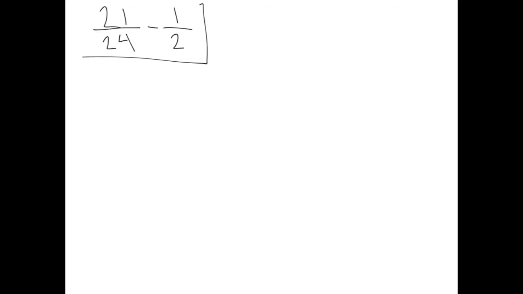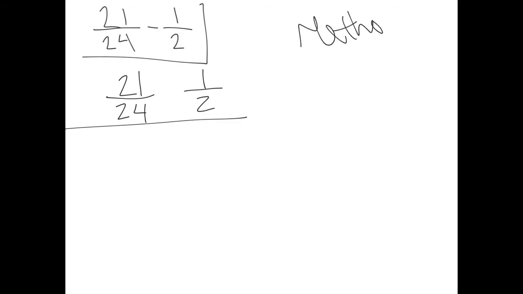Okay, so we have the problem 21 over 24 minus 1/2. Now we're going to find our least common multiple, and I am using, again, method 1.